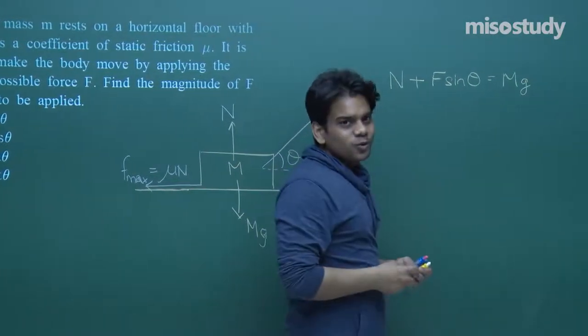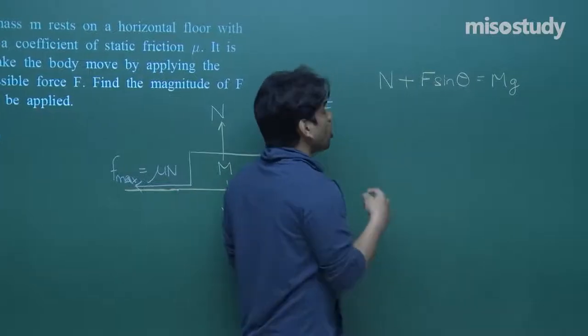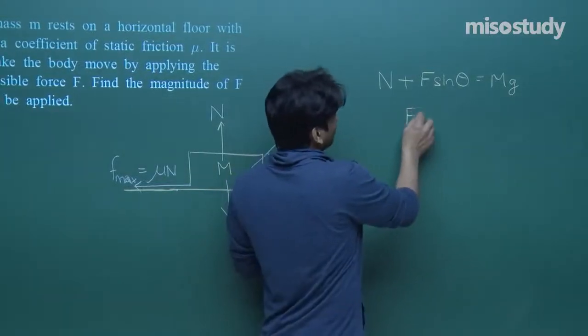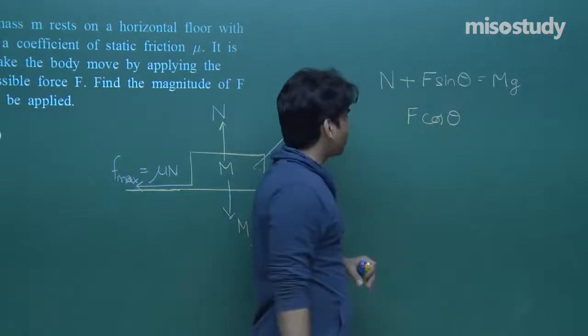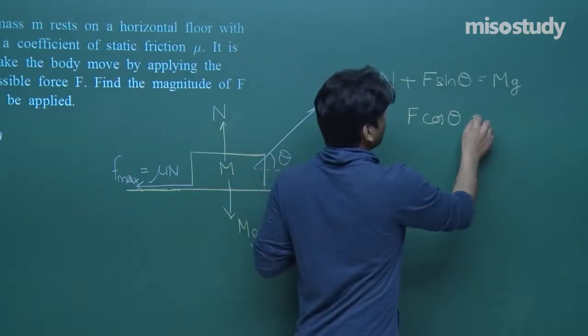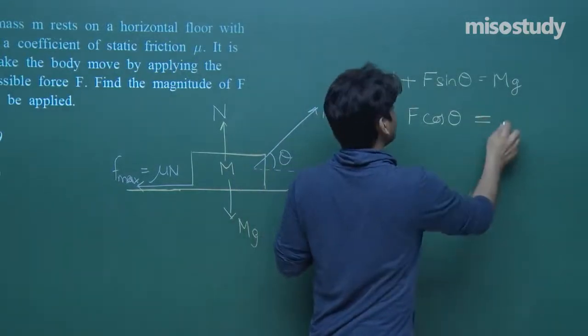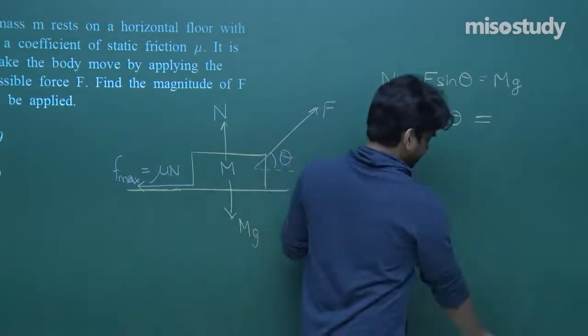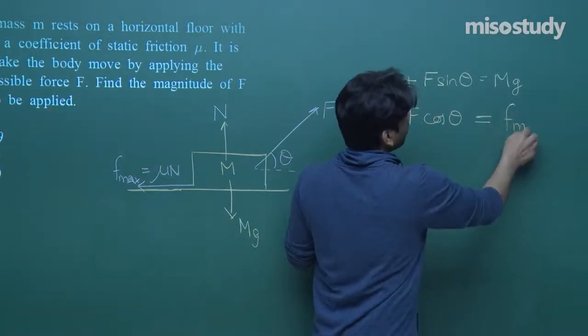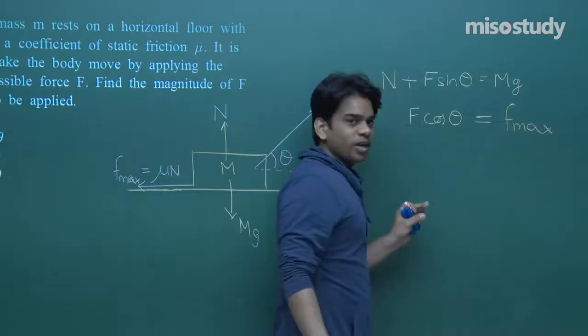Since we want to use the minimum force, if I talk about the limiting case, for horizontal movement, F cos theta should be equal to mu into n, that is equal to frictional force. Because we are referring to the limiting case, that's why I am referring to F max.